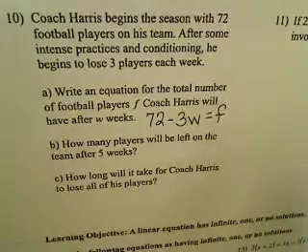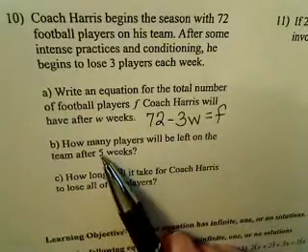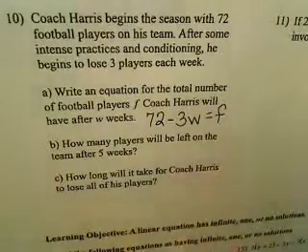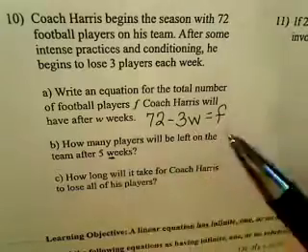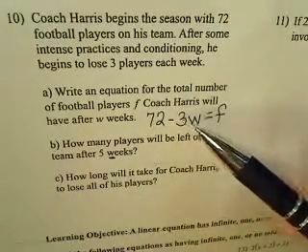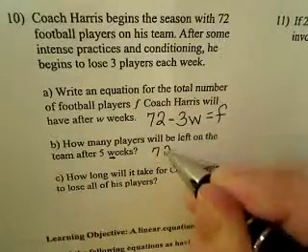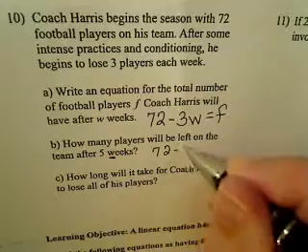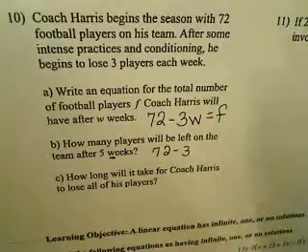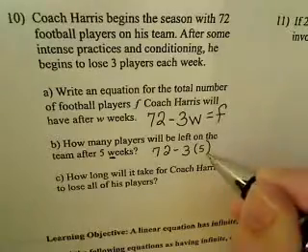Okay, how many players will be left on the team after 5 weeks? So we now want to plug in 5 for the W that I used here because it was 72 minus losing 3 per week. So you start out with 72. He loses 3 per week, and this says there are 5 weeks.